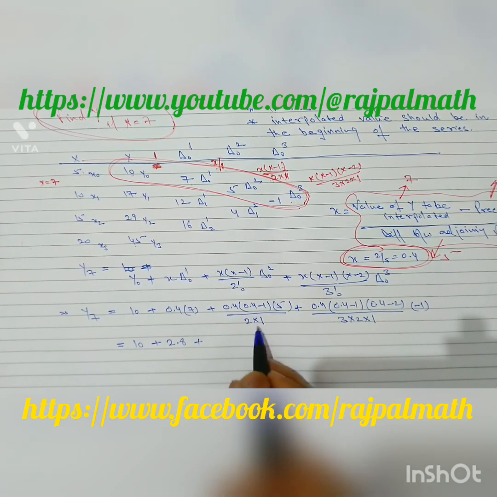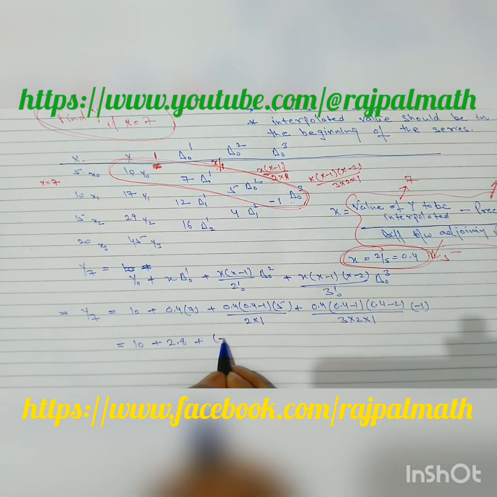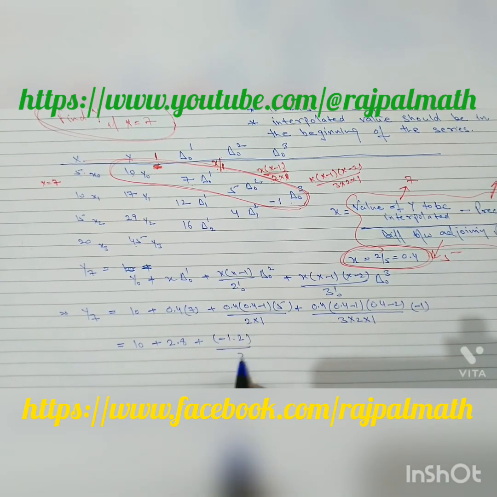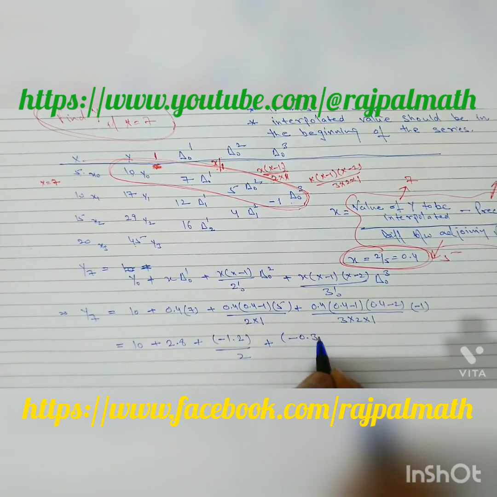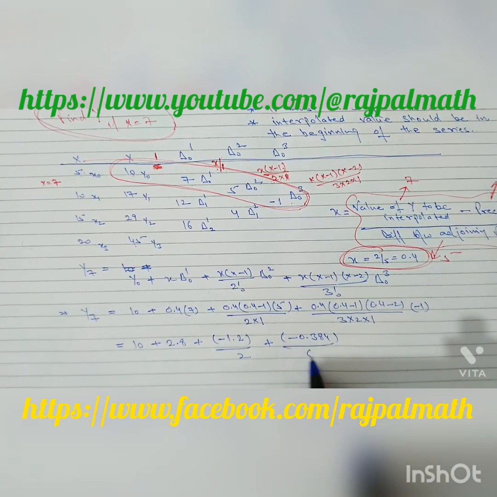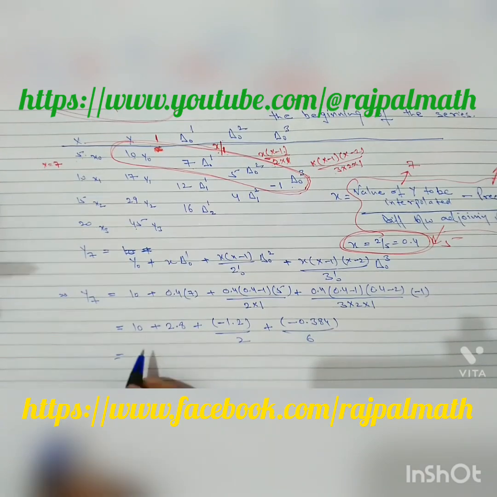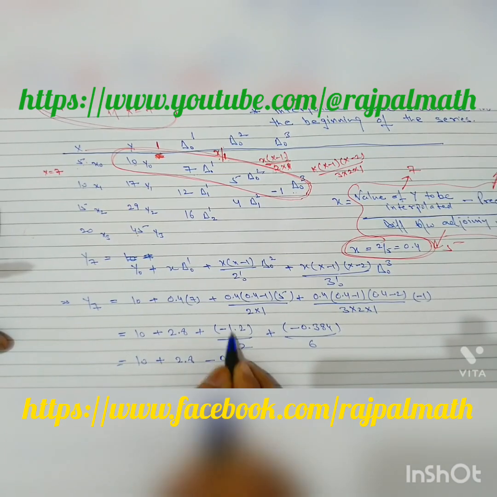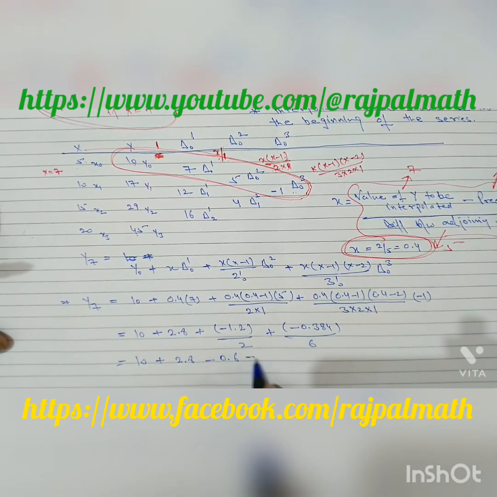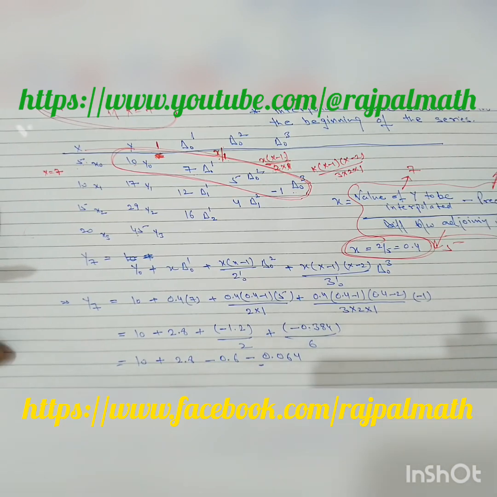Which implies 10 plus 0.4 into 7, that is 2.8. Then by solving this we get minus 1.2 over 2, plus minus 0.384 divided by 6, 3 into 2 is 6. Which implies 10 plus 2.8 minus 0.6, that is 1.2 divided by 2, minus 0.064, since 0.384 divided by 6 is 0.064.